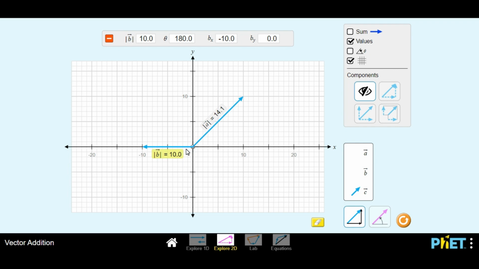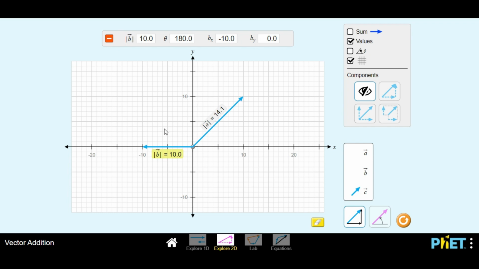What's the resultant? Basically for this one it's the same. From the end of the first force, you have to redraw the second force, and the magnitude and the direction should be the same. So it will be to the left, 10 newtons. When using this graph method, 10 newtons is 10 centimeters, so you have to draw a 10 centimeter arrow to the left here.